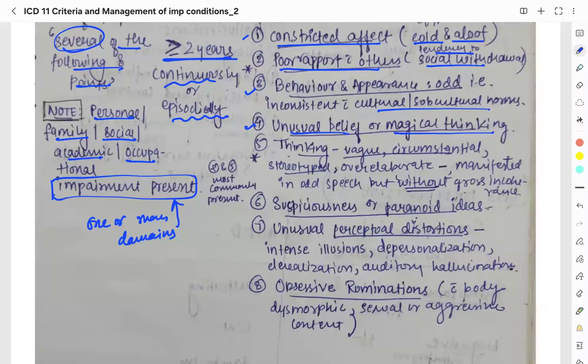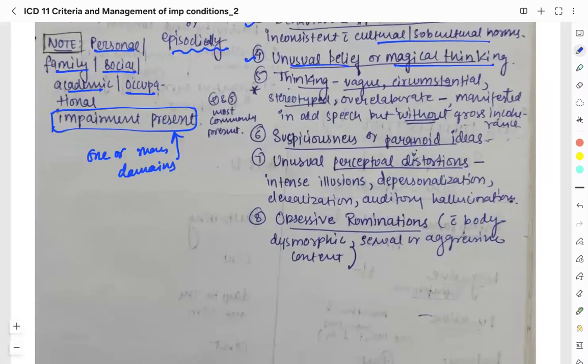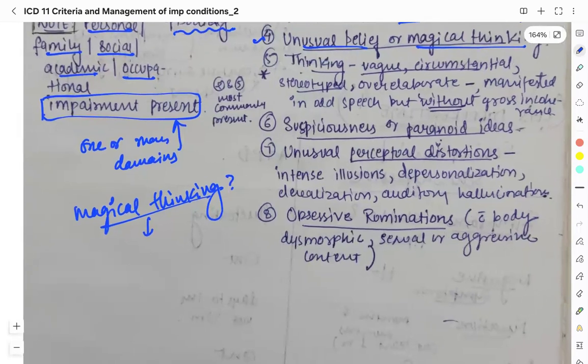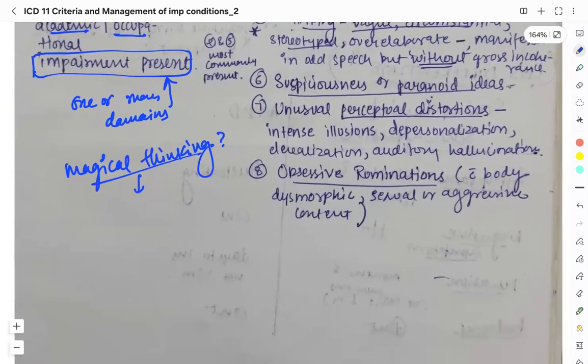Now, can someone tell me what is magical thinking? An example of magical thinking? Any example is fine. Things will sort of happen just by themselves. I can think of examples, but essentially things that are not very logical. Your thinking is not very logical.